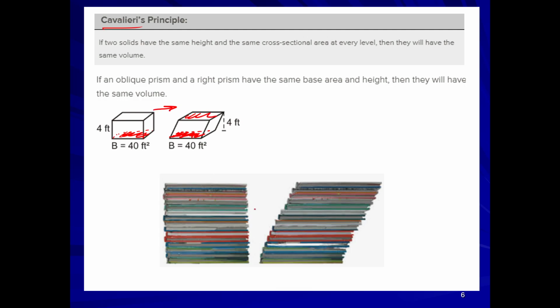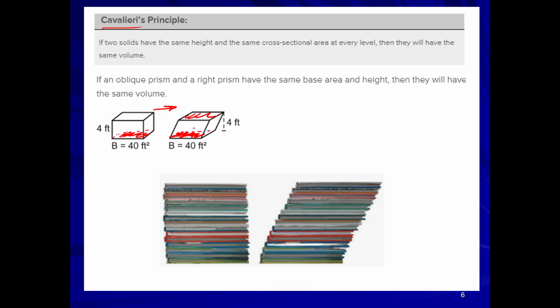Like this stack of books here is meant to illustrate. You can imagine pushing the books over. Now, you end up with a slanted box, but the volume of this box is the same as the volume of this box. You didn't add any books, you didn't remove any books, so it's taking up the same amount of space. Okay, that's what we call Cavalieri's principle. It just says that these two things are going to have the same volume.